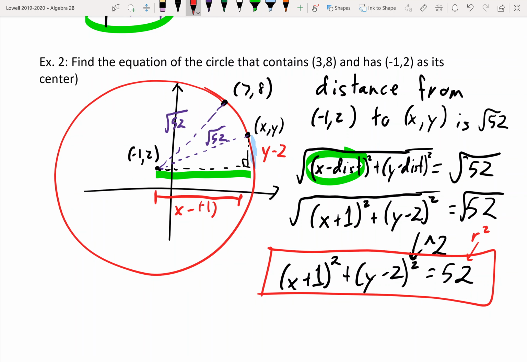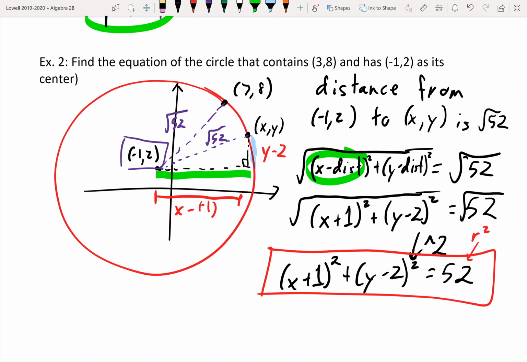And where did this come from? Well, this being the plus 1 and the minus 2. If we take a look at this, that x plus 1, that's how you would determine x's distance from -1. And likewise, y minus 2 would tell you the difference in their y coordinates.